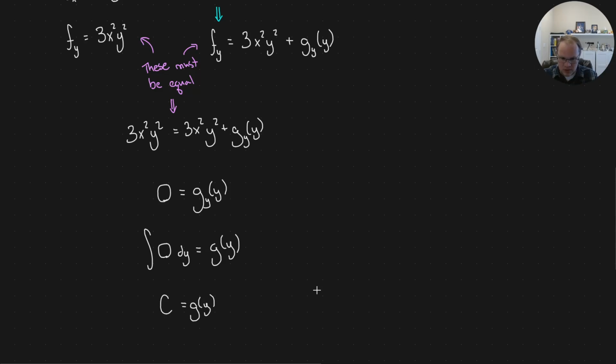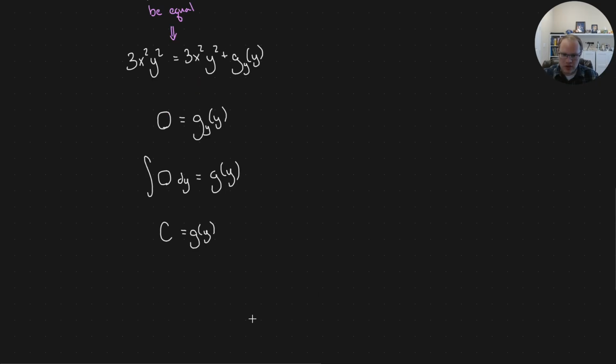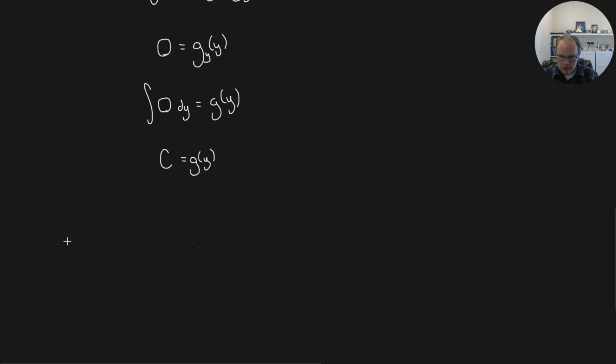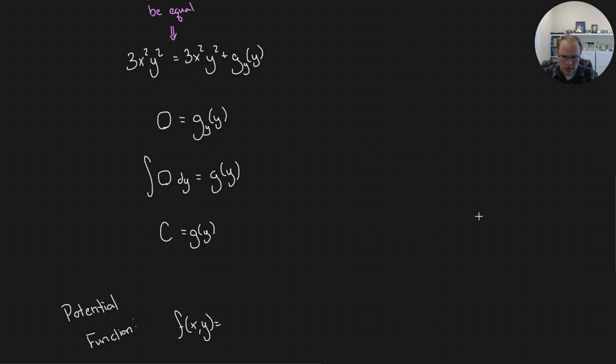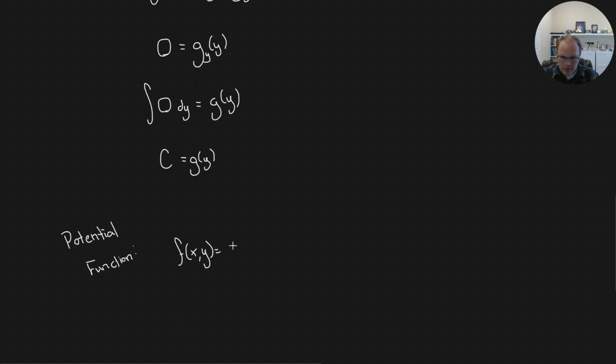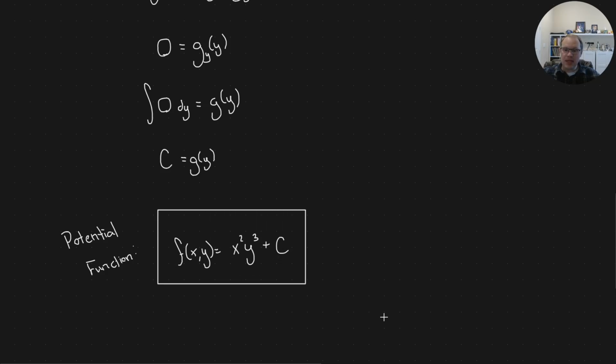And so my potential function here is f of xy equals, let's put together what we have, x squared y cubed plus g of y, which is just a constant. That is the potential function.